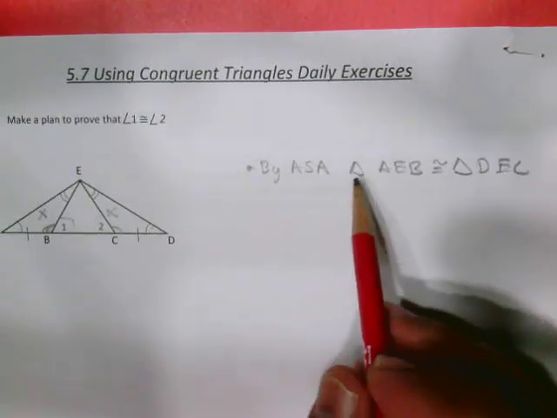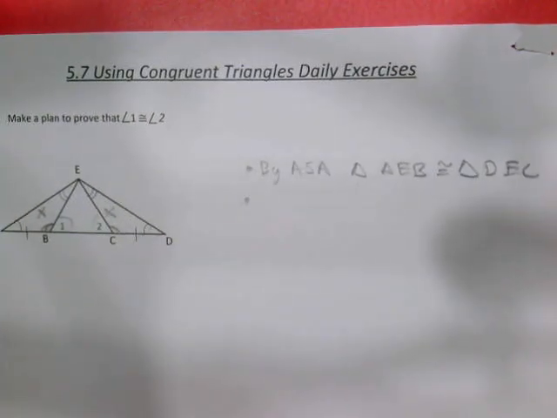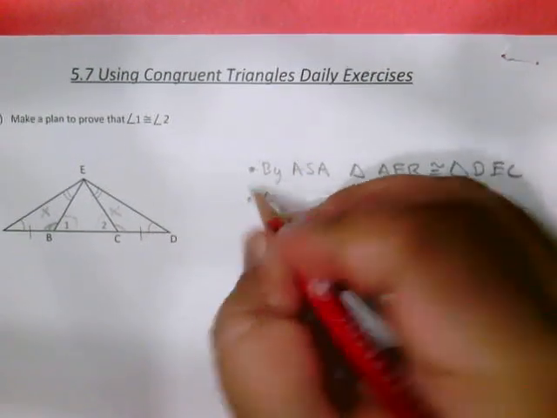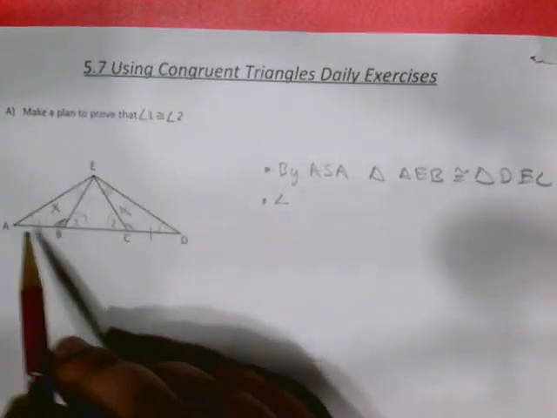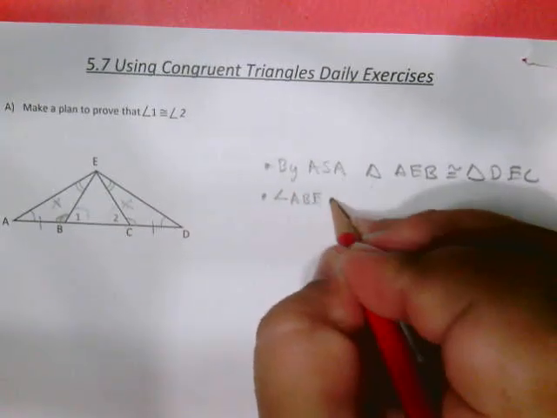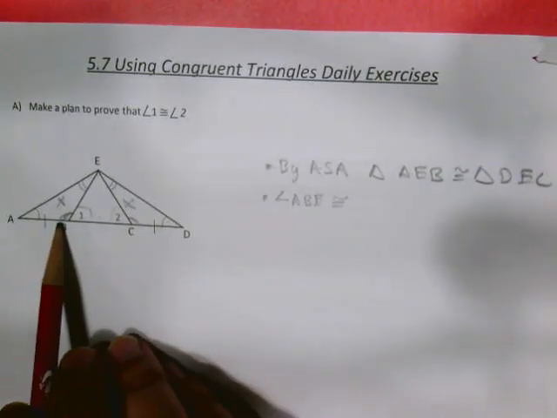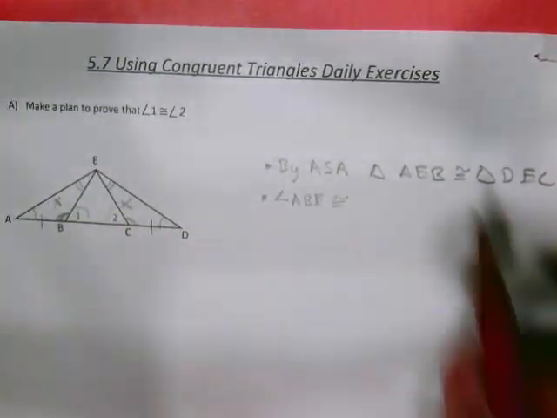And if those are the same, then each side and each corresponding angle would also be the same, which would mean angle, now this is the one I'm talking about, the outside one here, ABE is congruent to DCE.